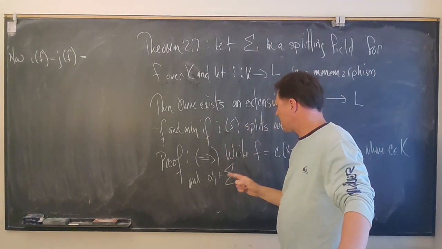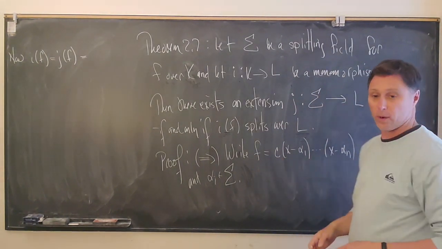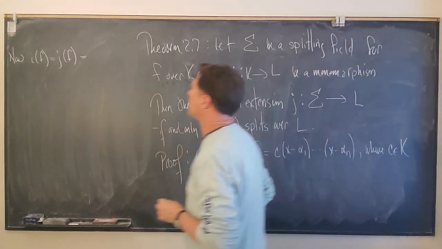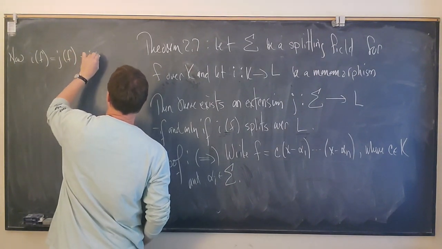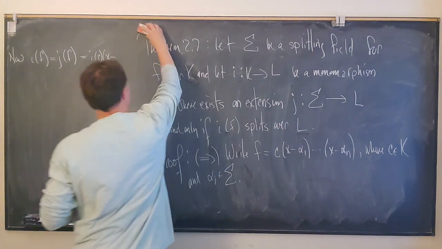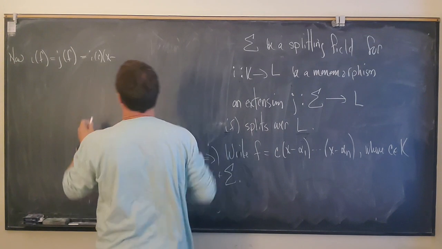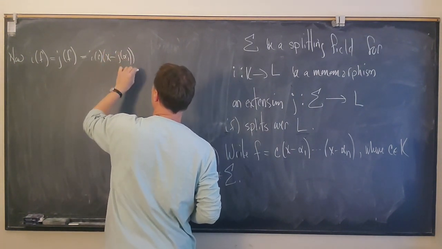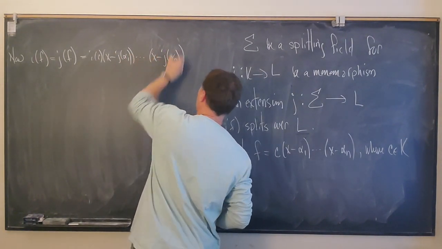The problem is I can't apply I to f in factored form, but I can apply j. So that's what's nice. So this is equal to j of f, which is equal to I of c times x minus j of alpha 1, up through x minus j of alpha n.